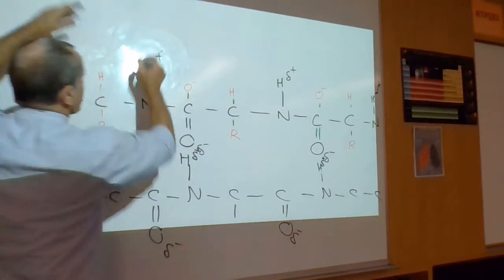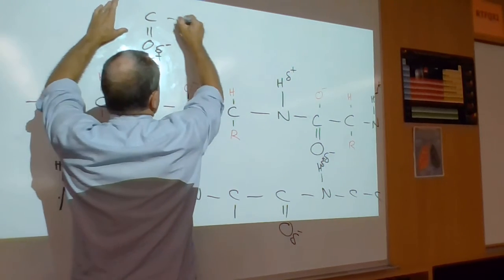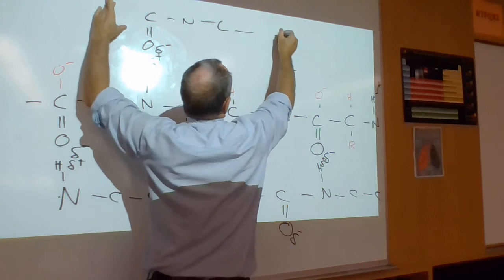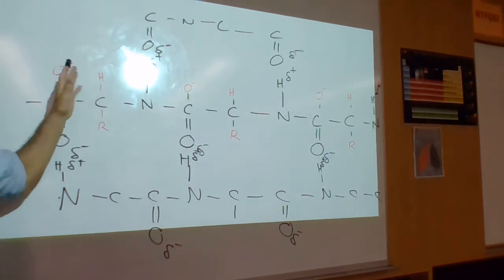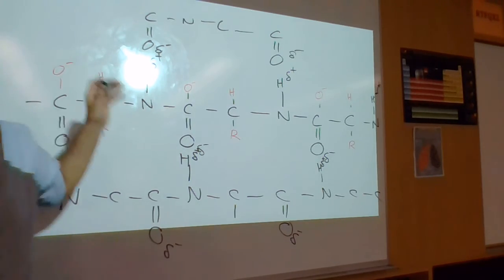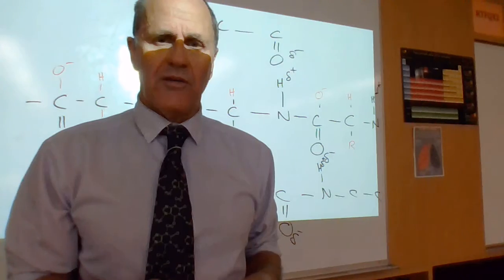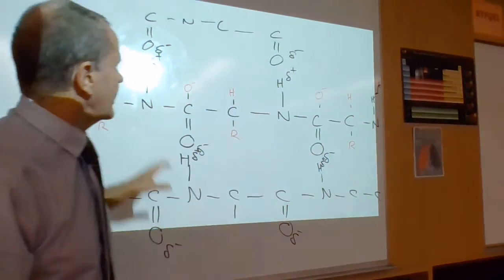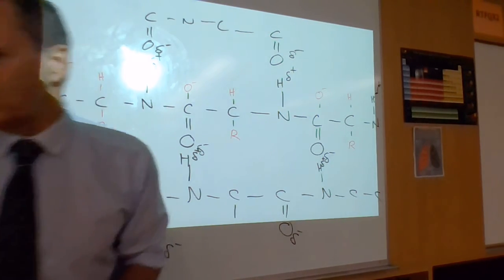And if we put another one up here, then you're going to get an O, delta negative, N, and so on. And however many times I choose to do this, you can see that we're going to get the repeating pattern. So if there's a tiny R group that's not going to get in the way, we can form this sort of thing. And I'll show you what that is in a minute.